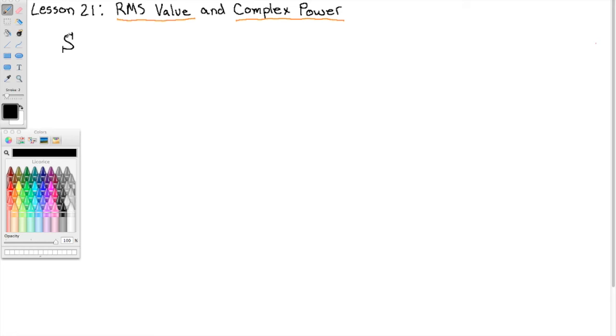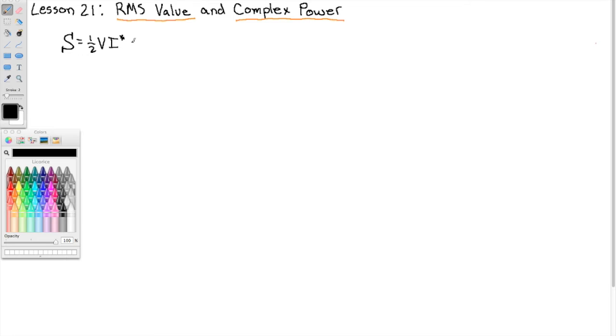It's bold in your textbook, but to show it on the screen here, I'm going to give this some little vertical lines at the edges of the S. So this is a bold S, and this is complex power S, and I'm just going to start by defining it. It's 1/2 V times I complex conjugate, and you're going to see why it will be defined like this, because this is actually holding all of the information of the power in this little complex expression.